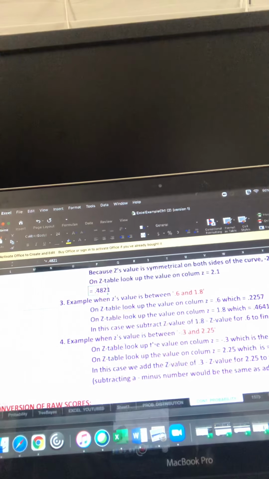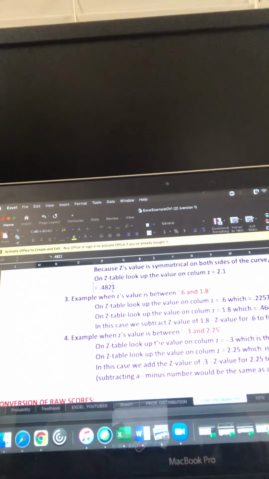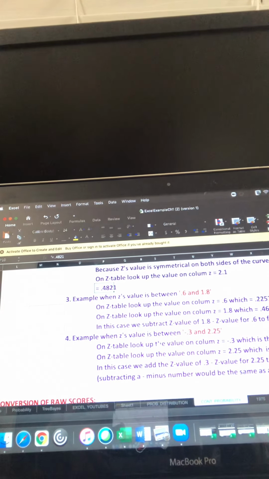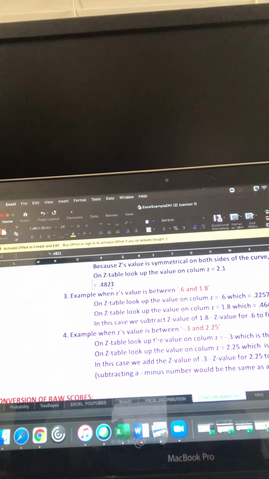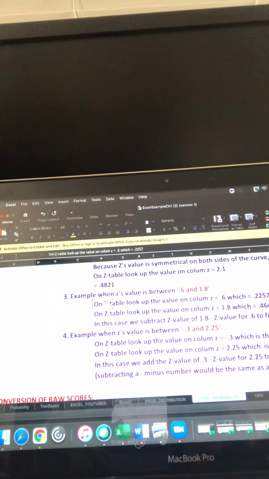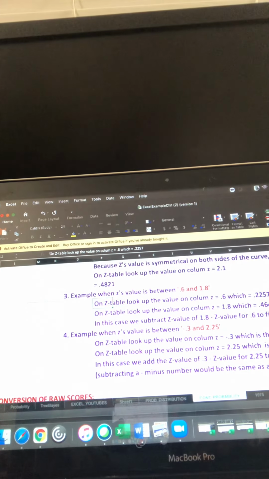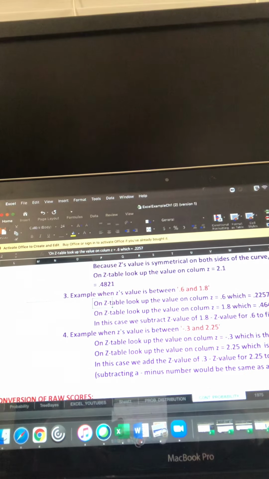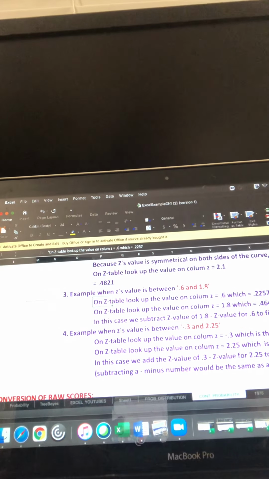Now, what about if we had an area between 0.6 and 1.8? So our area is not starting at 0, it's starting at 0.6. How do we look up that difference? On the Z table, we're going to look at the value for 0.6 and then look at the value for 1.8 and then subtract one from the other.